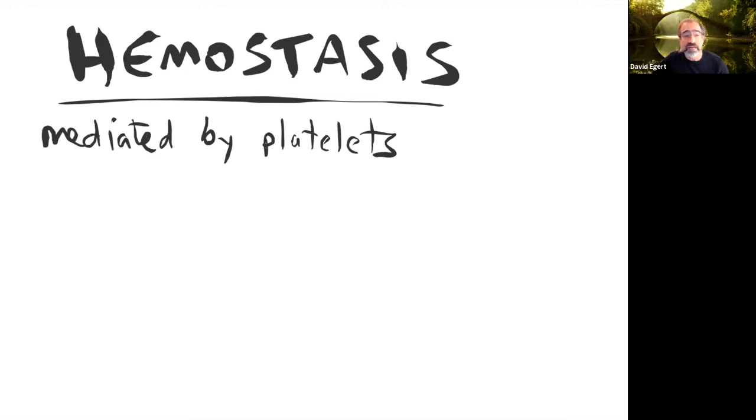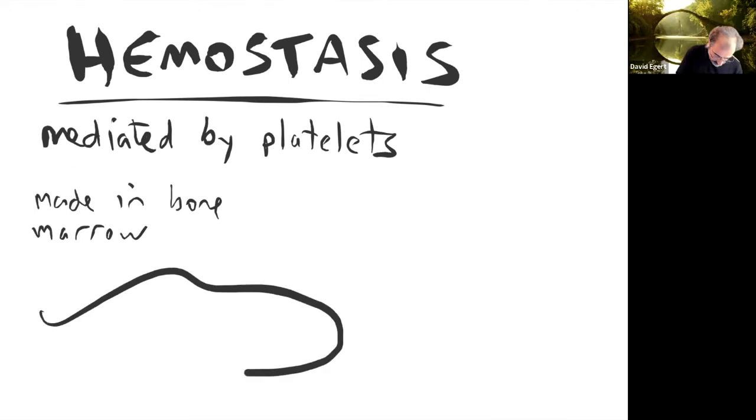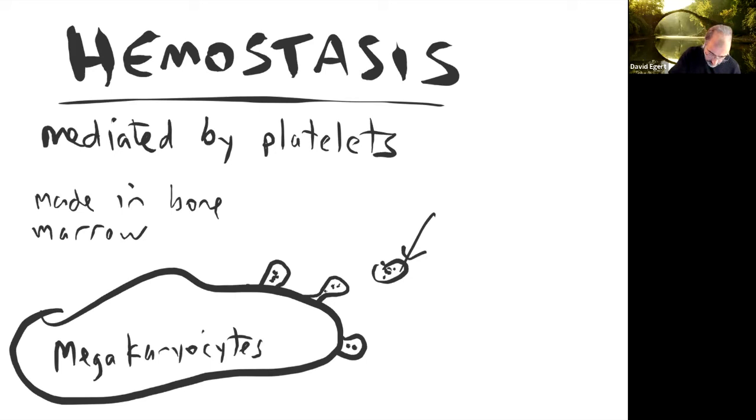Cyte means cell, and they're not really cells. They are made in the bone marrow. There are these big cells called megakaryocytes, and they make these little packets. They just pinch off little bits of membrane filled with granules. So the platelet is basically a little vesicle filled with granules of different stuff.